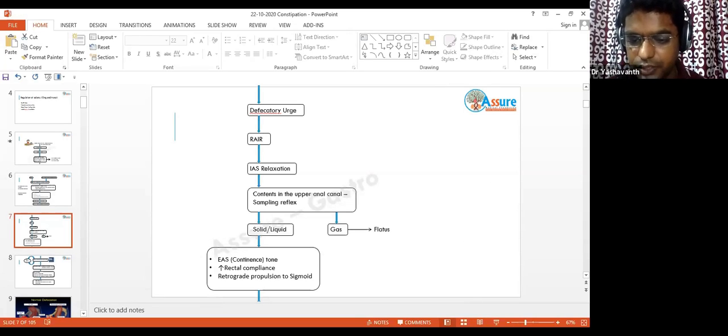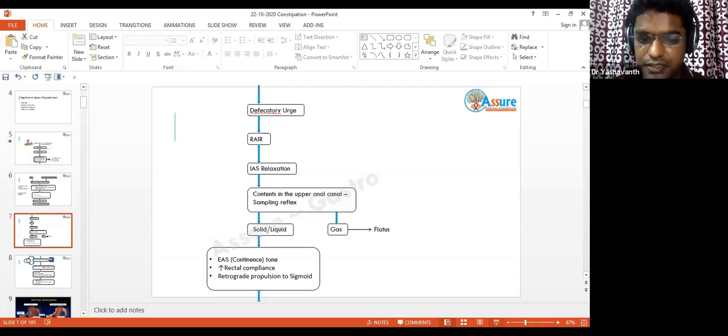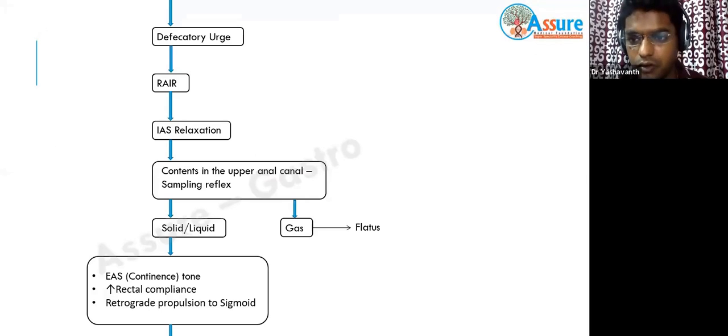The rectoanal inhibitory reflex is whenever there is an increase in the pressure in the rectum, which will automatically cause relaxation of the anus, to be more precise, the internal anal sphincter. This will result in sampling of the content in the rectum.